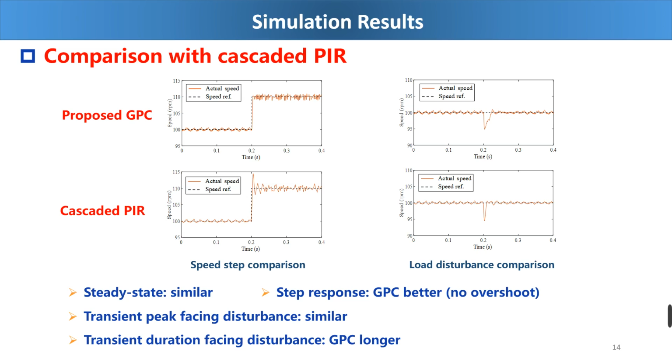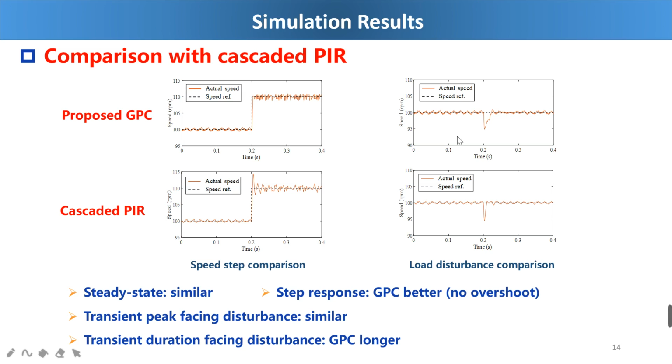In order to mitigate the low-order speed ripple, we usually use PIR, PI plus resonant controllers, too. For the proposed GPC, we can see the step response is very fast with no overshoot, and the steady state performance is similar to the PIR, but the step response is much better than PIR.